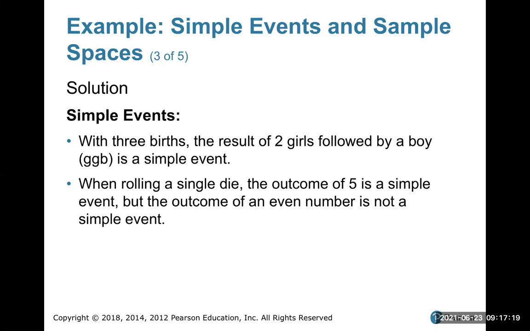For even numbers, 2 is fine, 4 is fine, 6 is fine. So by saying that event, you had 3 favors. But with rolling a single die and the outcome being 5, that's a simple event, because that's the only favor that you're looking for. If that makes sense.